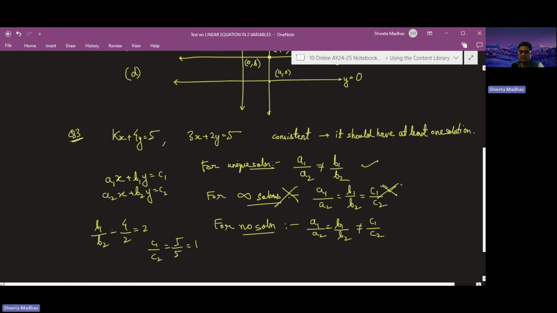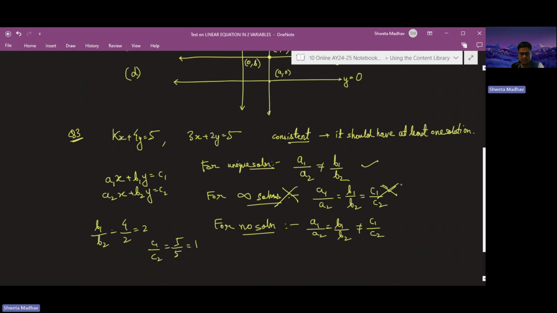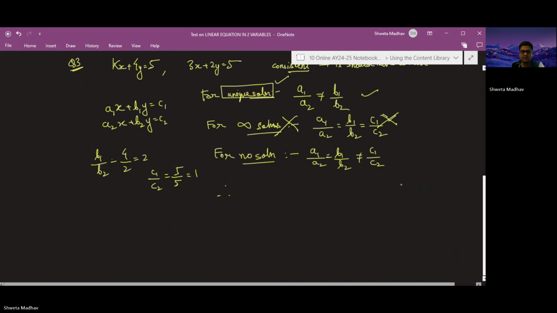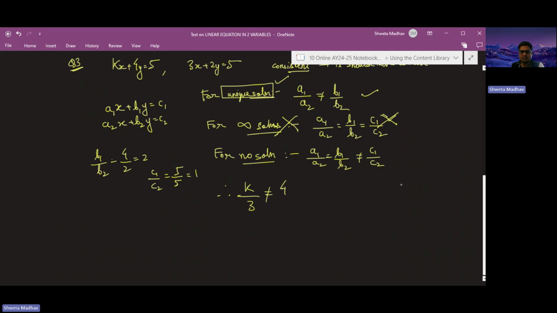So for the two linear equations to be consistent, they must have one unique solution only. For a unique solution, a1 by a2 should not be equal to b1 by b2. So a1 by a2, which is k by 3, should not be equal to b1 by b2, which is 4 by 2.